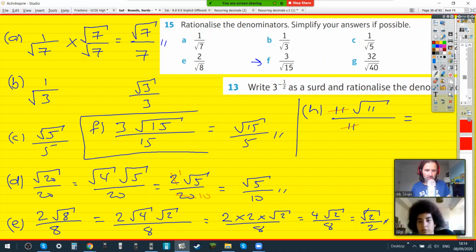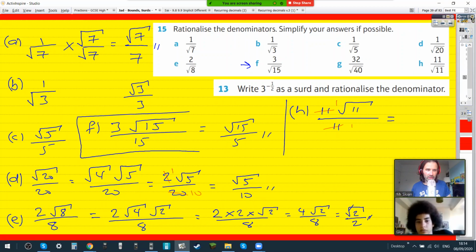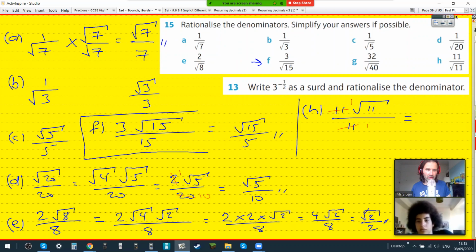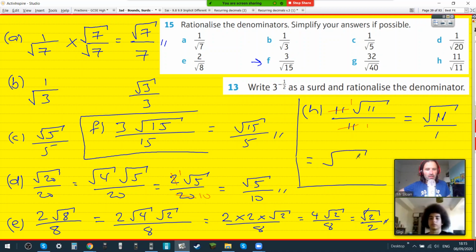But 11 times root 11 is just 11 root 11. They'd have to both be square root. So root 11 over 1, which is the same as root 11 divided by 1, would be root 11. Yeah. Well done. Any questions about those?